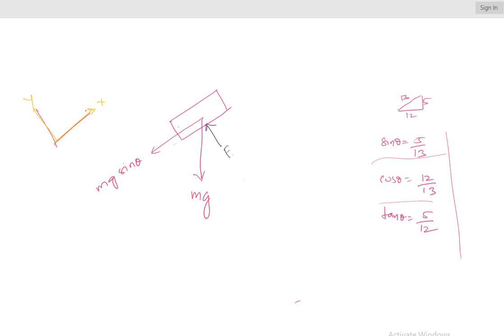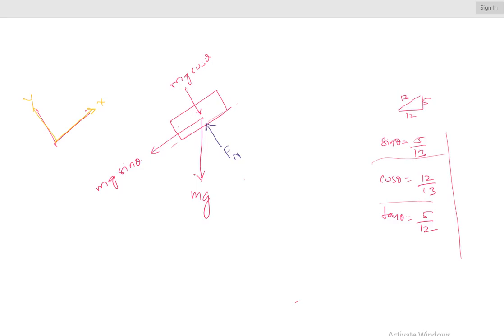Okay, I'm going to call this Fn, and the portion of the weight acting on this surface is mg cosine theta. Okay, I'm going to show that like that.